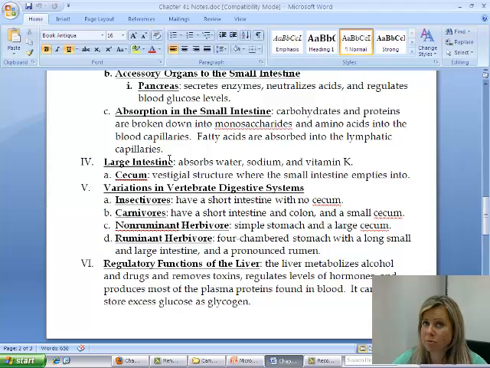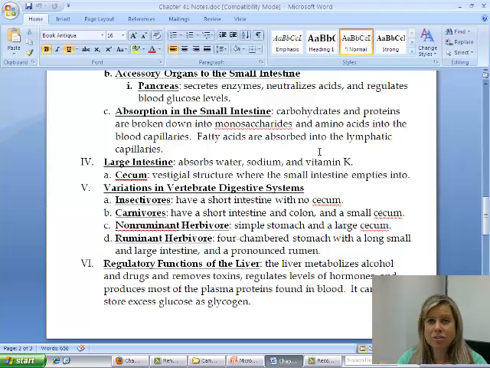Okay, then you're going to have your large intestine, and the point of your large intestine is purely for absorption. It's going to absorb three things: water, sodium, and vitamin K, which is potassium. So let's say that you eat something, and by the time it gets into the end of your stomach, beginning of your intestines, your body is like, oops, you shouldn't have eaten that. It's going to get rid of that as fast as it can, right? So it's going to go through your small intestine and get to your large intestine.